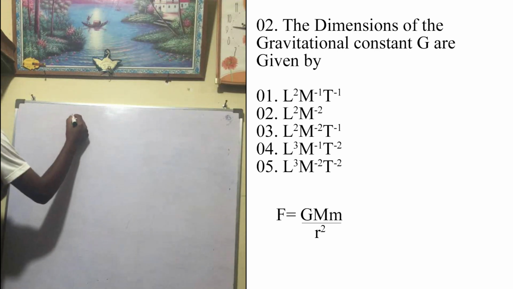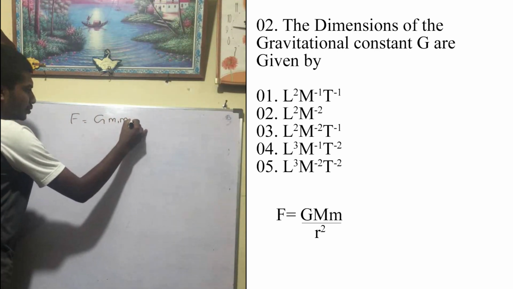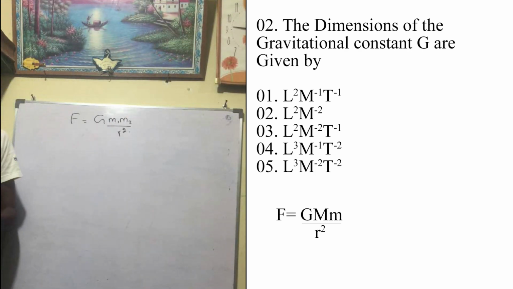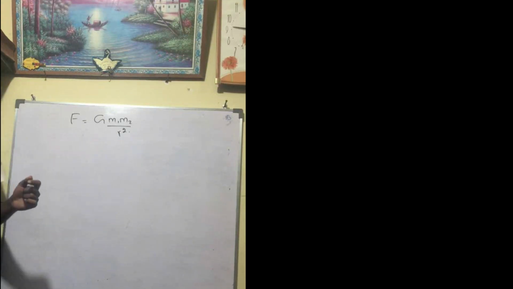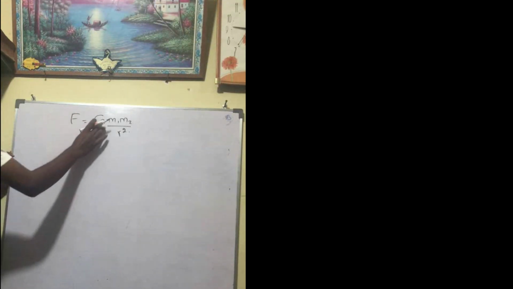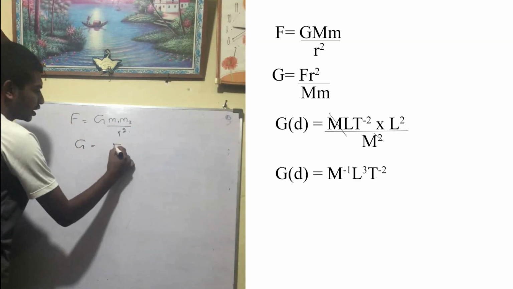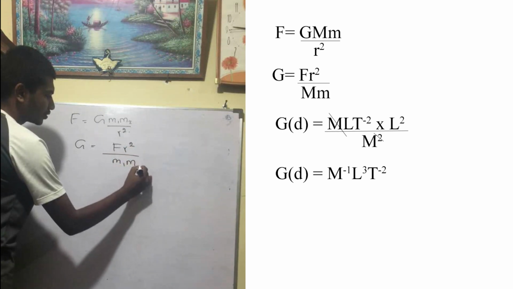So that is F equals G m1 m2 over r squared, right? This is the fundamental equation we are going to consider. From this I am going to take an equation for G, so it will be F r squared over m1 m2, right?